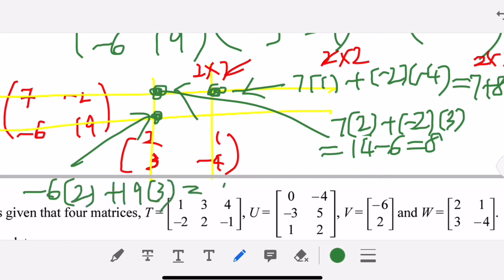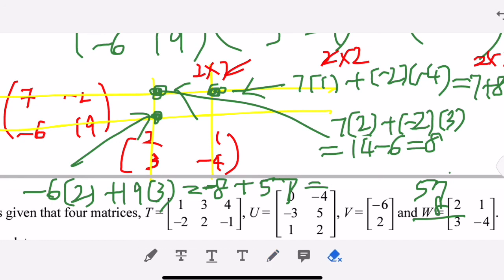So you got 57, and -12 here, be careful. Let me check the mistake. -6 times 2, oh yes, I made a mistake here.